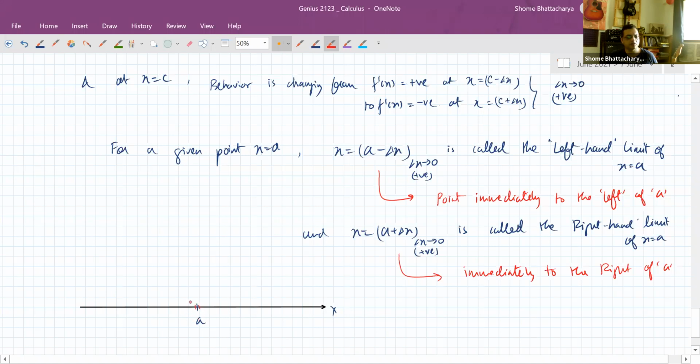These 2 points are a minus delta x and a plus delta x. So that one is just to the left, so it is called the left hand limit, and a plus delta x is just to the right, so it is called the right hand limit. And when we take delta x tending to 0, it is like we are talking about almost 3 consecutive points.